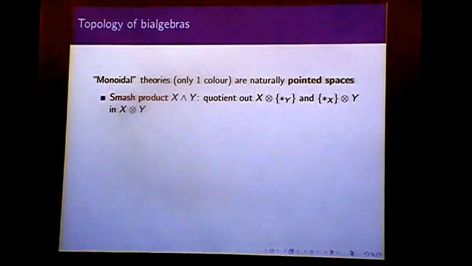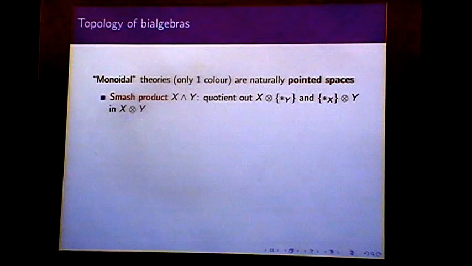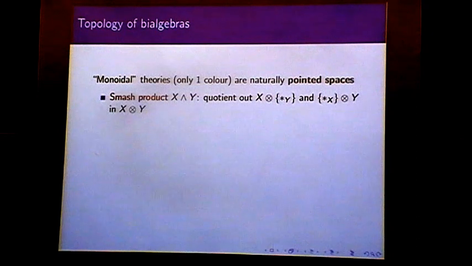However, if we are considering more strictly speaking algebraic theories, usually one does not have these colors. One just has things which are like props, so monoidal theories. And in that case, these theories are naturally pointed. They have a point which is the one color they have, so it's a single zero cell.